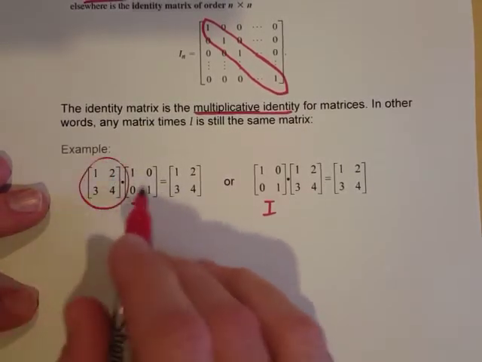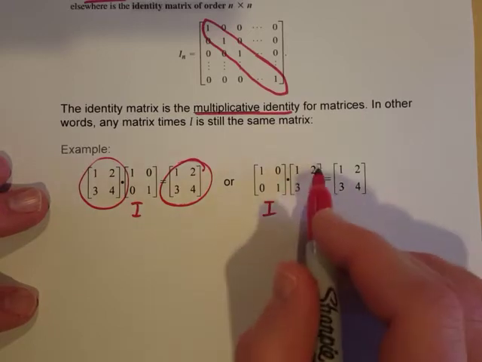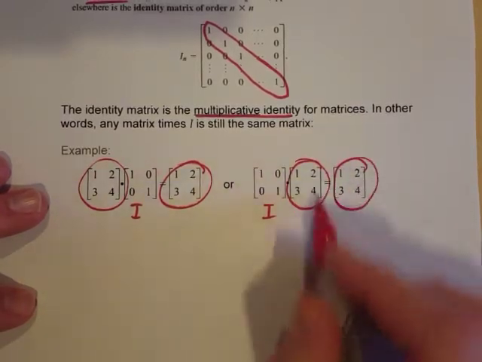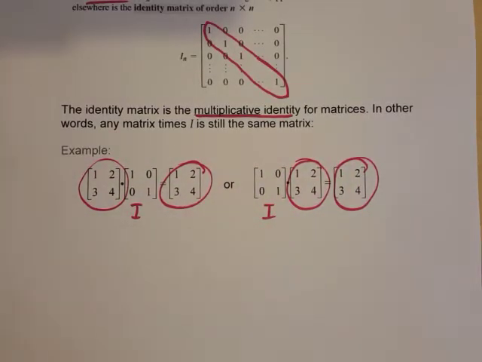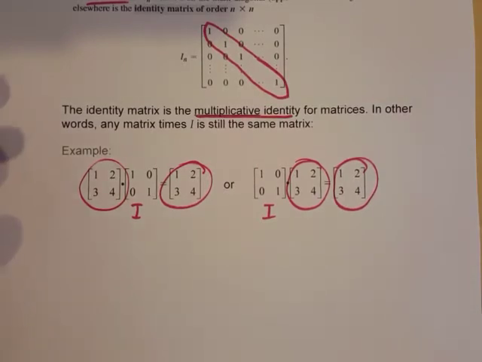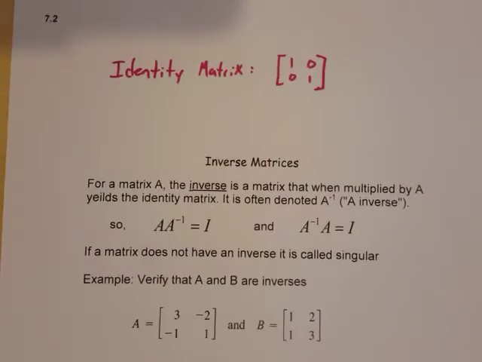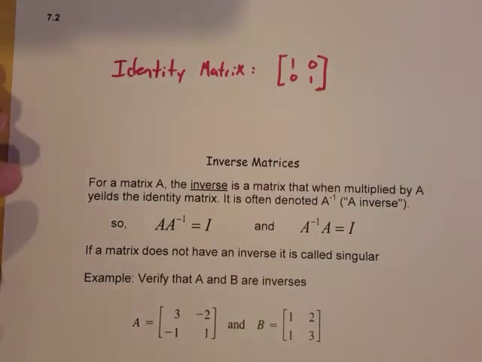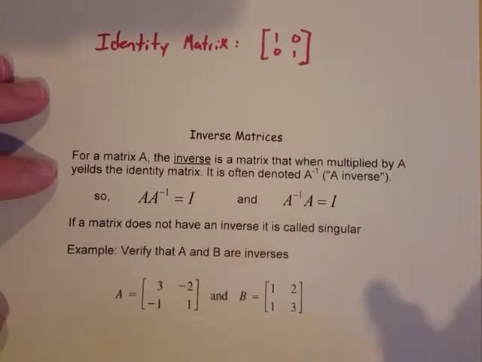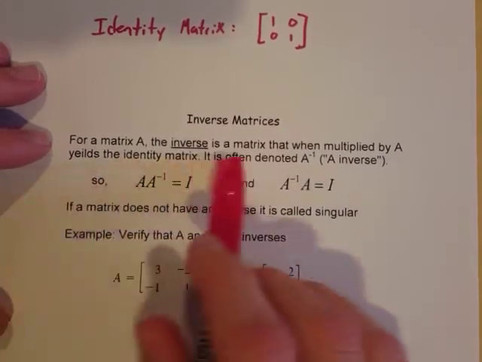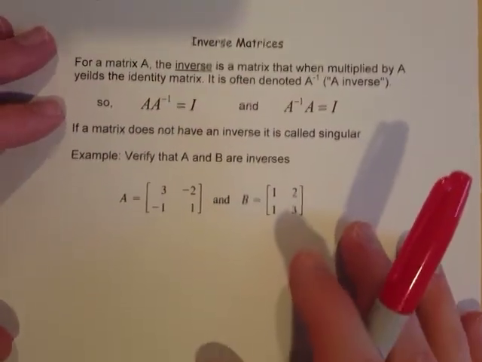Go in the other order, the same thing applies as well. All right, so that's the identity matrix, and we're going to use that for this next example, particularly in a 2 by 2 matrix. So this is going to help us out with something we have called inverse matrices.